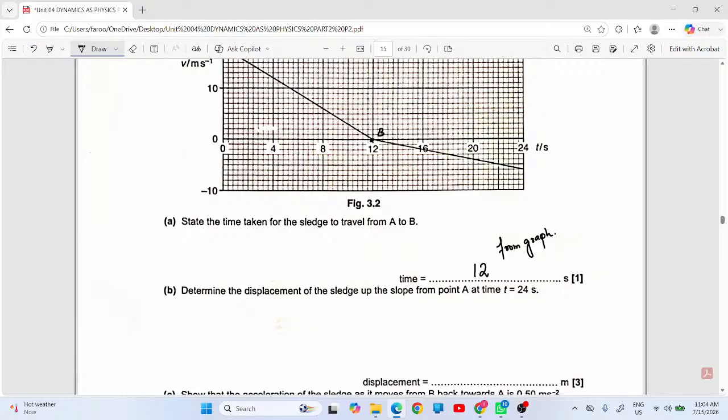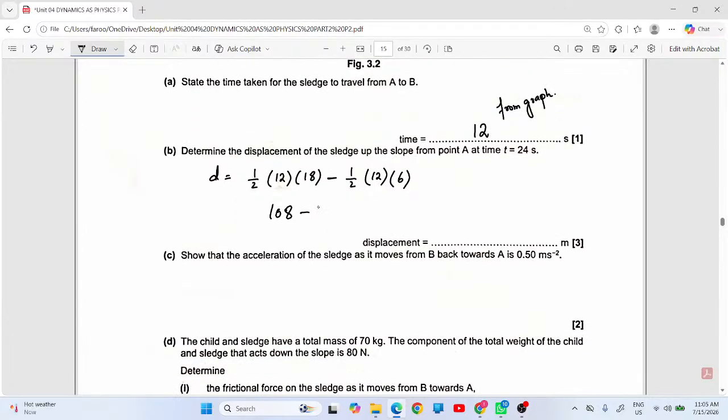For displacement, use half base into height. The base is 12, height 18; minus the downward part, again half times the base 12. We already took the minus, so check the answer. 0.5 multiplied by 12 multiplied by 18 is 108, minus 36, which is 72.